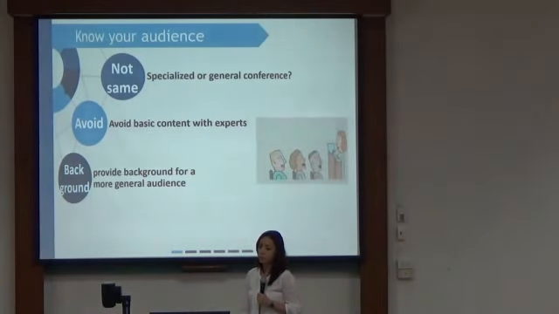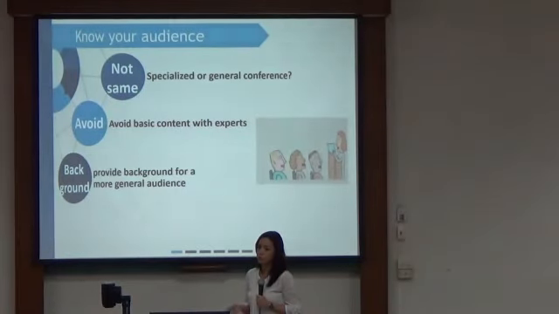So knowing your audience is also important. You have to check if it is a specialized conference or a general conference. If it is specialized, it means that the professors or the other audiences will know the basics of the studies.